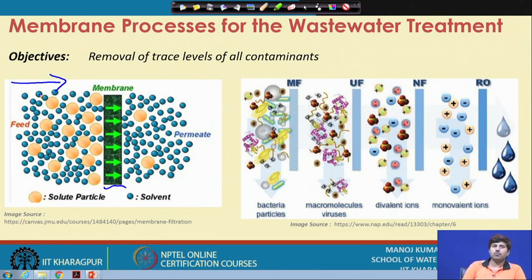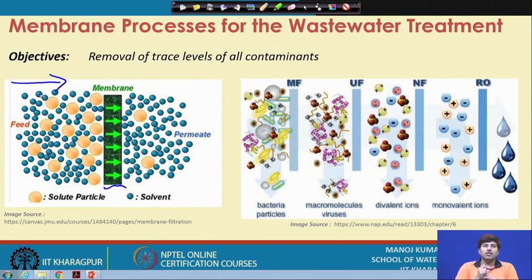Of course, membrane processes are not used for removal of suspended materials or those kinds of things, because those can be removed in a much simpler way with much more economical systems. The membrane processes are primarily targeted to remove the contaminants which are difficult to remove by any other system, because membrane processes are usually recognized as the most energy intensive treatment systems used these days. The reverse osmosis or RO system is among the most energy intensive.